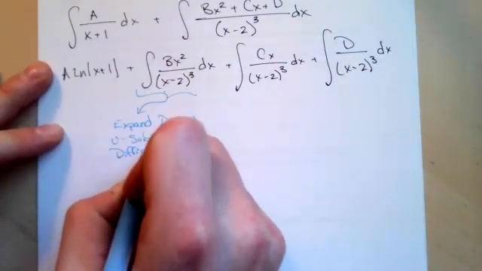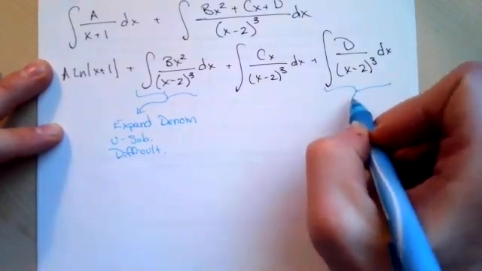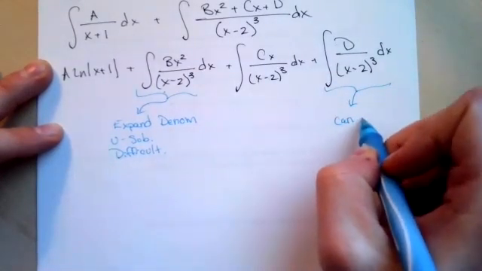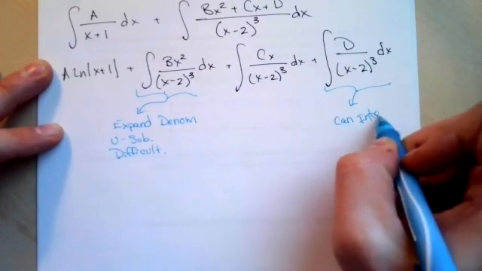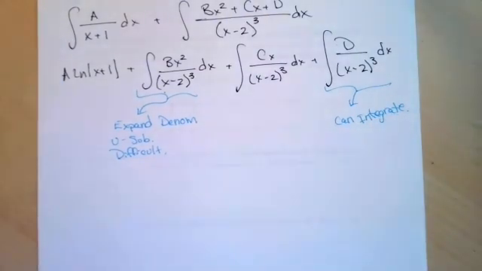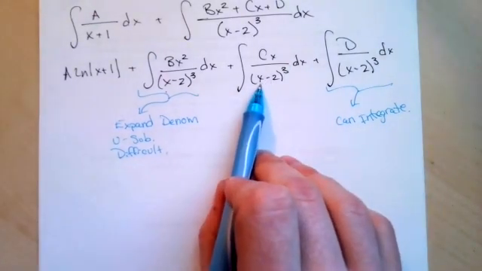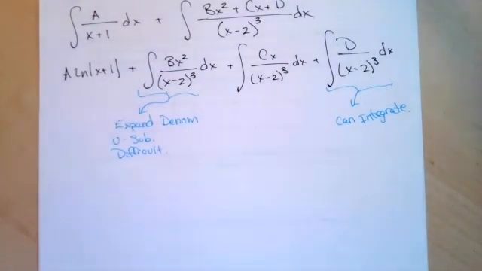So you have to do some tricks. This one, we can just integrate. This one might be a little difficult though as well. I guess all of these you could probably do a linear u sub, which wouldn't be too hard.